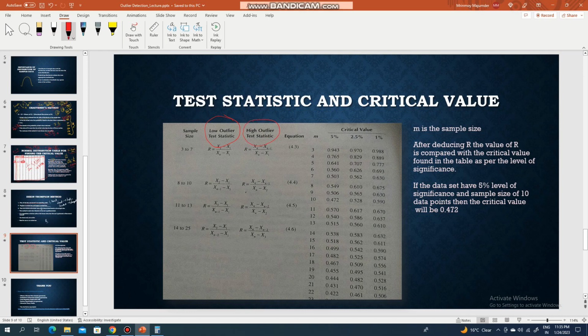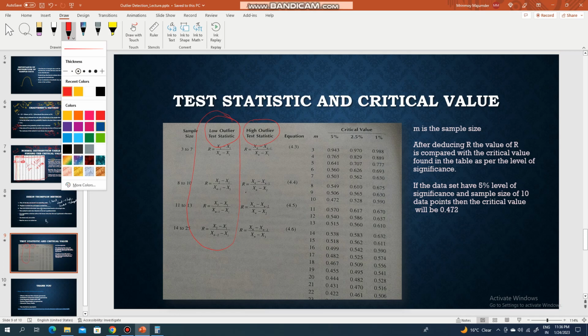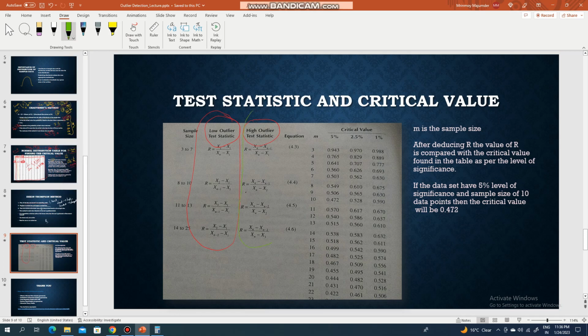If you want to identify the maximum value outlier, then to find R you have to use these formulas. If you want to identify the lower value outlier, that means the minimum value outlier, you use one formula, but if you want the maximum value outlier, you have to use this formula.